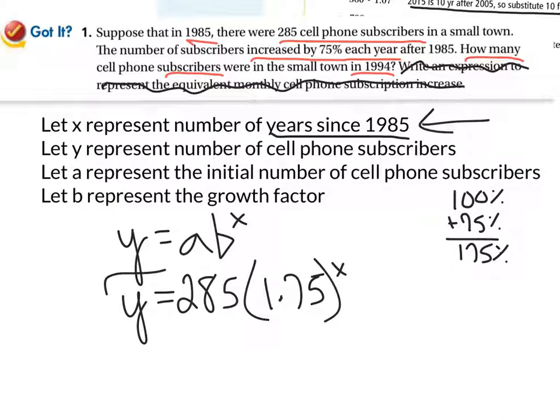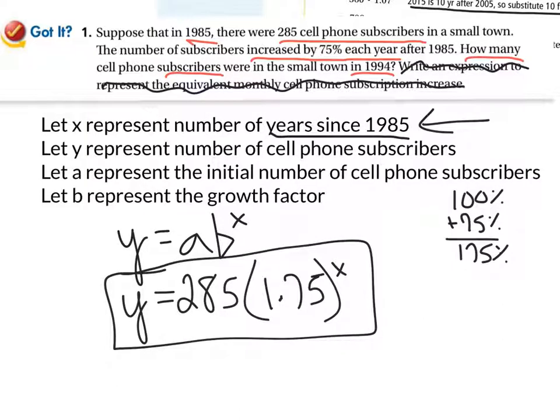And then the X just comes down. The Y and the X, we don't do anything with when we're setting up our equation to start with. Get your equation set first with the Y and the X still there, and then we'll worry about substituting numbers in. So that's going to be our equation.